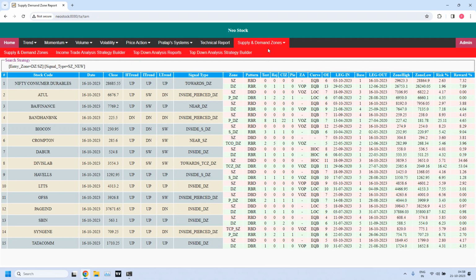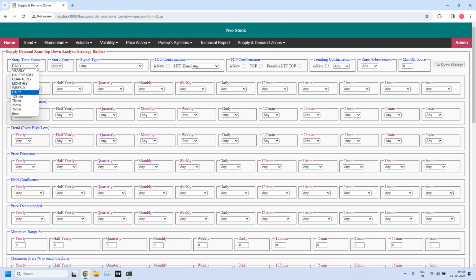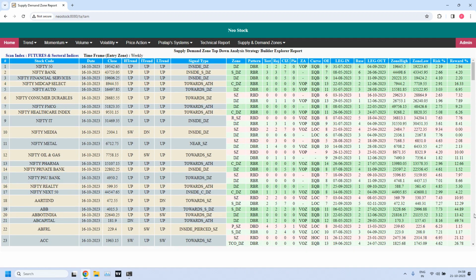Now I am generating demand and supply zones for all the stocks in weekly time frame. So entry time frame is weekly. So this is the complete list. I will keep on scrolling this list. Whichever stock you want to refer or study, please pause our video and study all the parameters for that particular stock. Remember, the bright green color indicates they are all-time high demand zones.